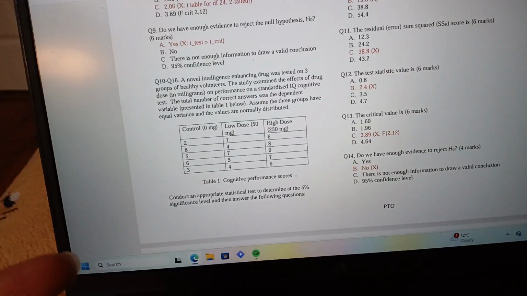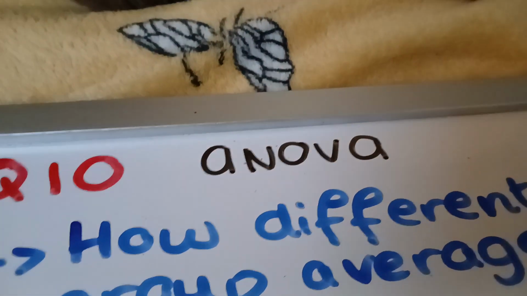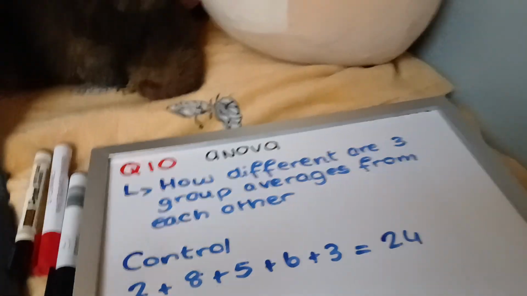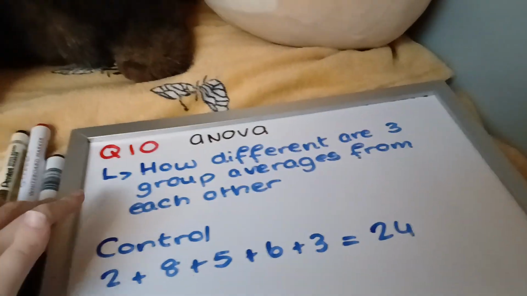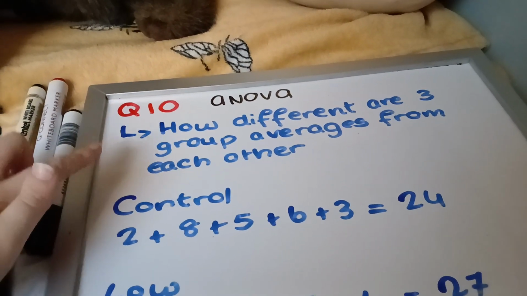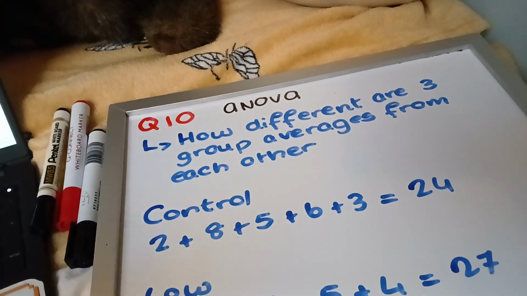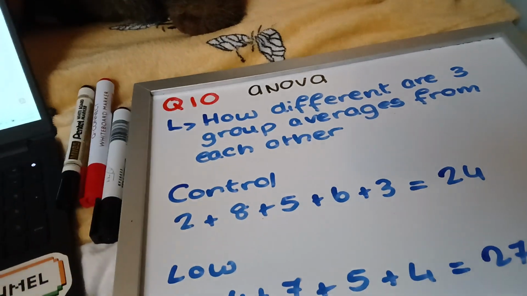Okay, so this is when I think it starts getting a little more complicated in the exam paper. Questions 10 to 16 are the ANOVA test. ANOVA is asking how different the three group averages are from each other, and how much variance explains the difference in scores.